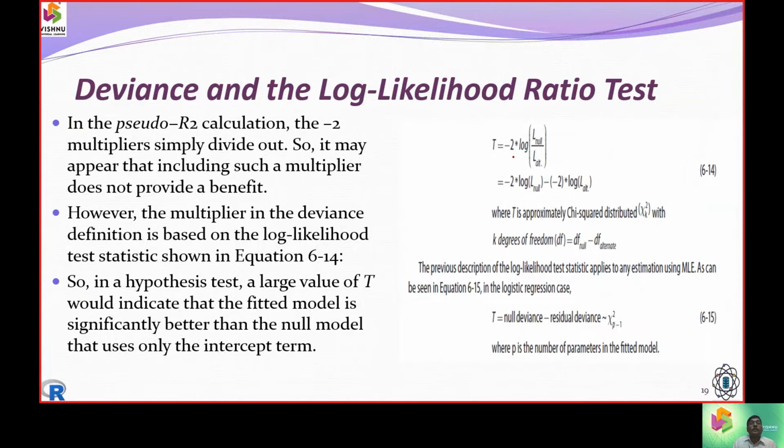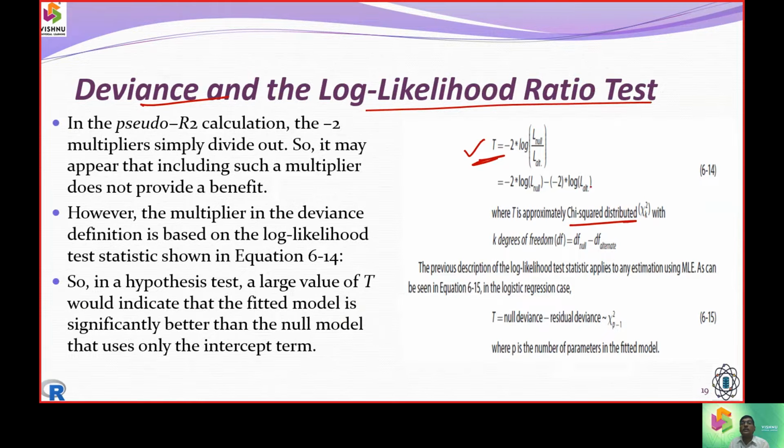The other thing is that we are working on the deviance, and we need the log likelihood ratio test. The log likelihood ratio test is taken up with a value called t, and t defines the chi-square method.